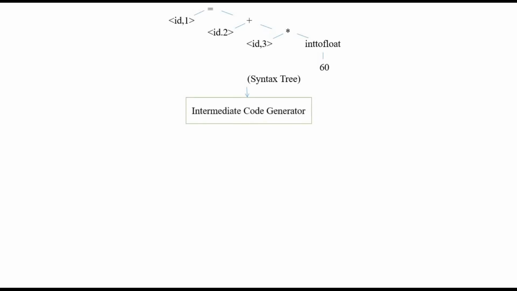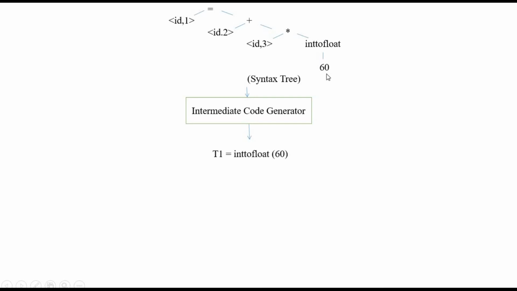So how does it generate? Here is the output of the semantic analyzer, which goes to the intermediate code generator, which generates the intermediate representation. In the intermediate representation, first it converts this procedure integer to float. Which number? The number is 60.